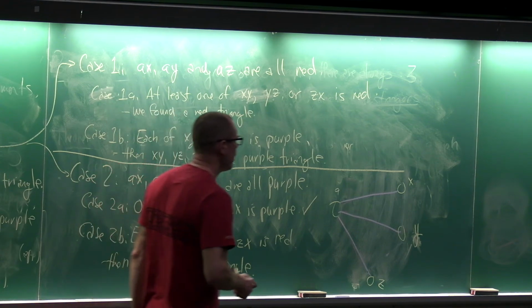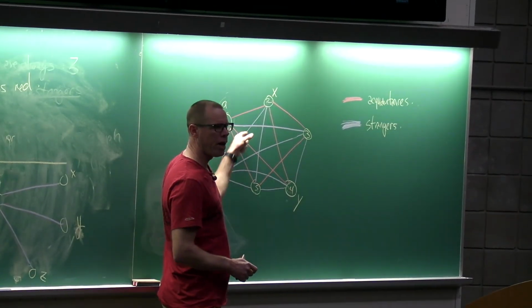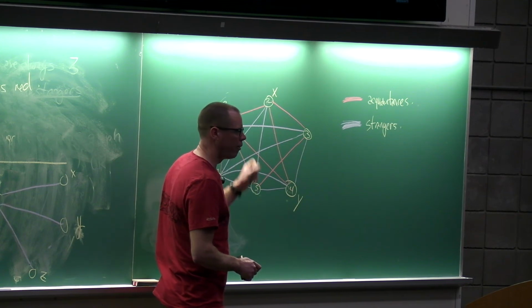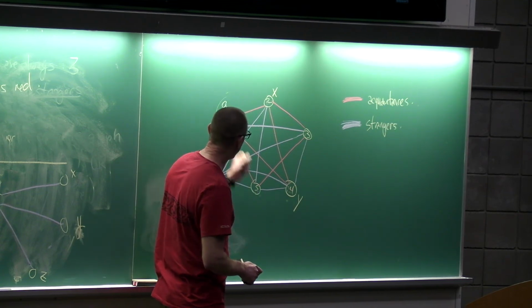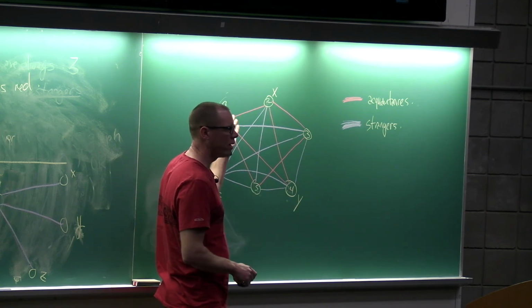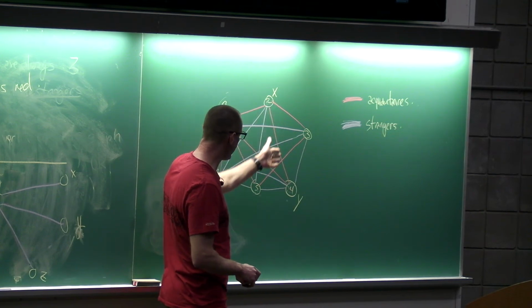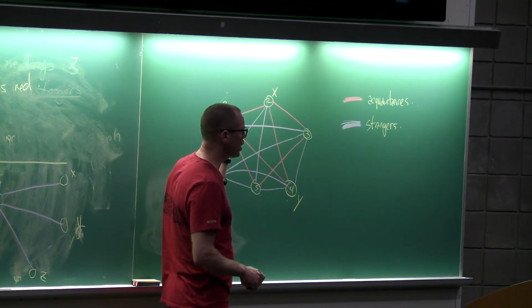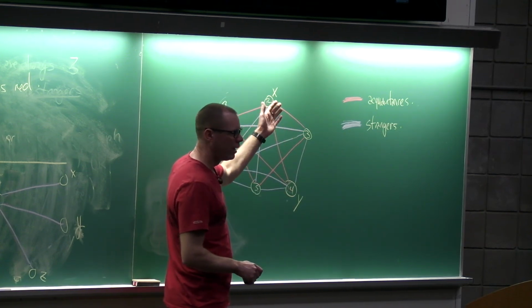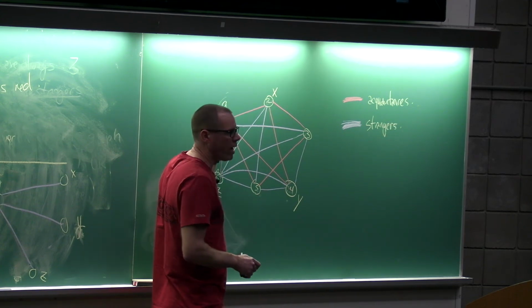The code is pick a vertex A, see what color comes out of A more often, red or purple. If it's red, then take 3 of those red vertices. You know, there's an if statement. If it's red, take the 3 vertices adjacent to those red edges. If it's purple, do this, case 2. But you could really write code for this, right?